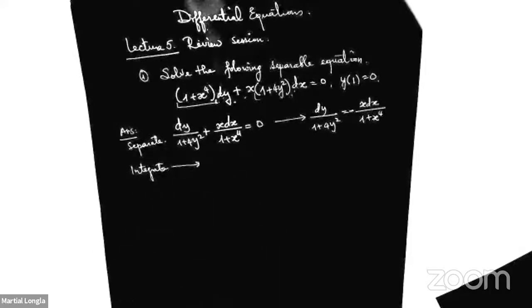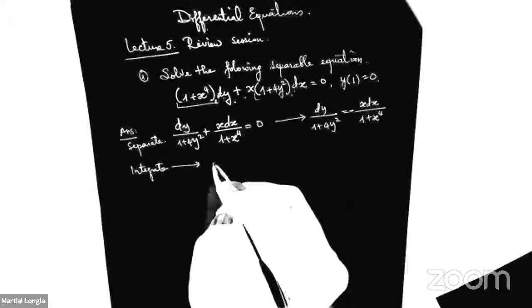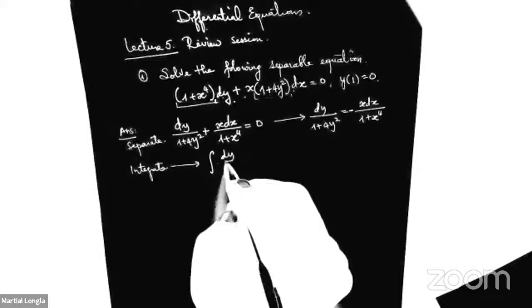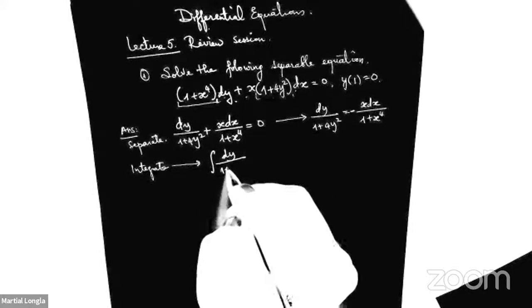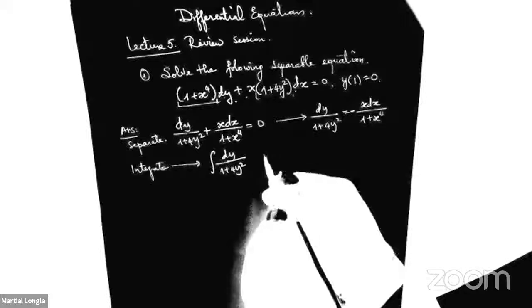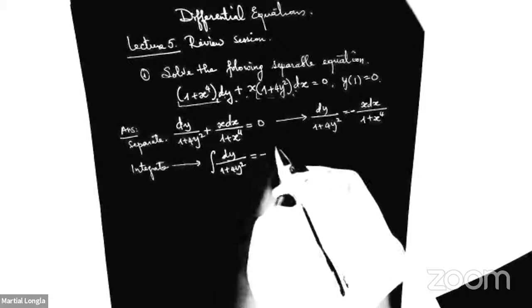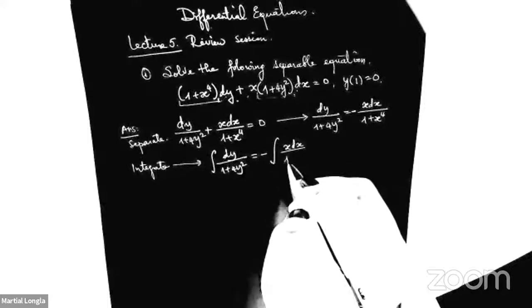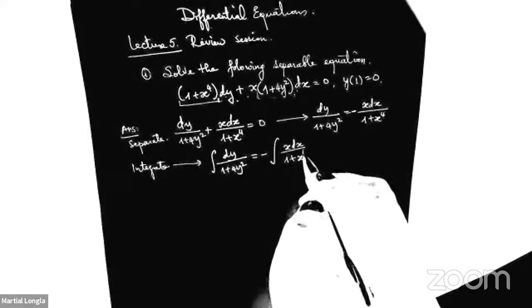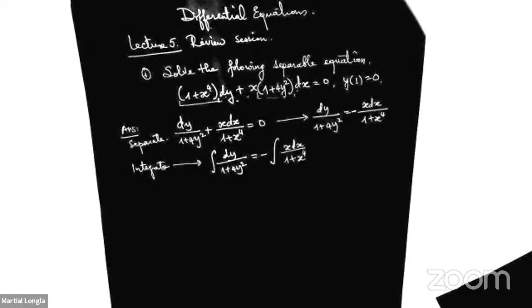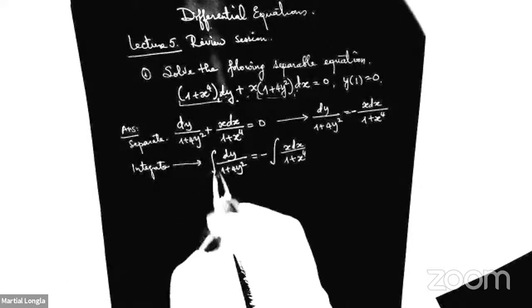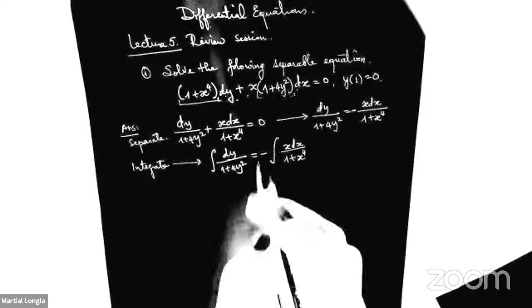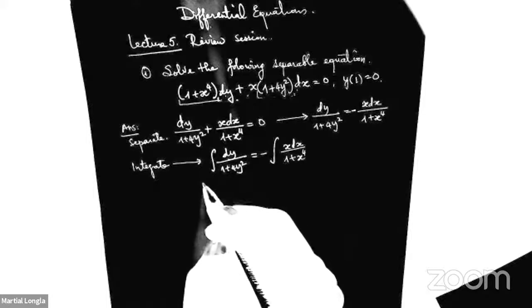So you separate, then you integrate: the integral of dy over 1 plus 4y squared equals negative the integral of x dx over 1 plus x to the 4th. And so here you are going to use u substitution on both sides.